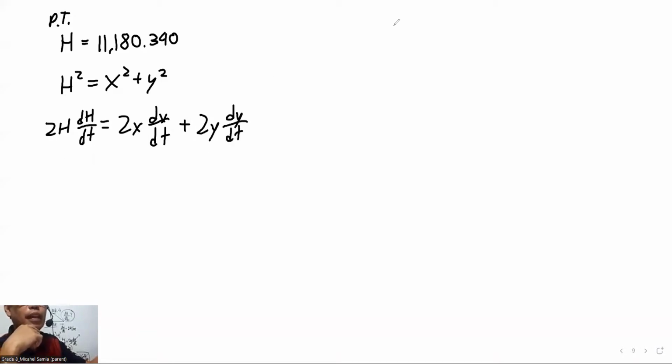Since x is a constant again, this is 0. Cancel. So we can substitute and simplify this already to h.